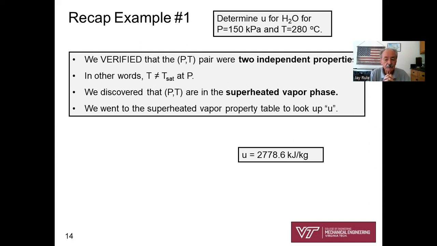If the instructor says, use the superheated tables, they're not doing you any favors. The trick is learning how you get to the superheated tables, and why you use them. You've got to do a little pre-work on your own. I hope that helped.